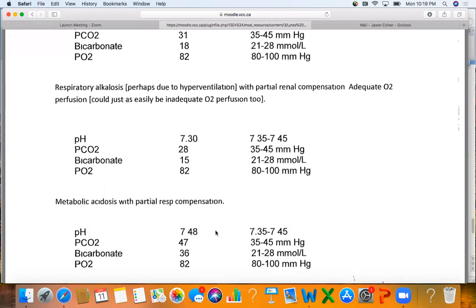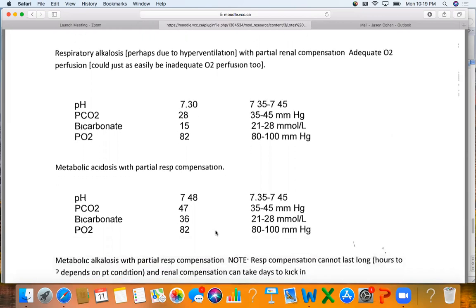Match them up and you get metabolic alkalosis with partial respiratory compensation. Here you might see the guy hypoventilating, holding in CO2. So metabolic alkalosis with partial respiratory compensation.